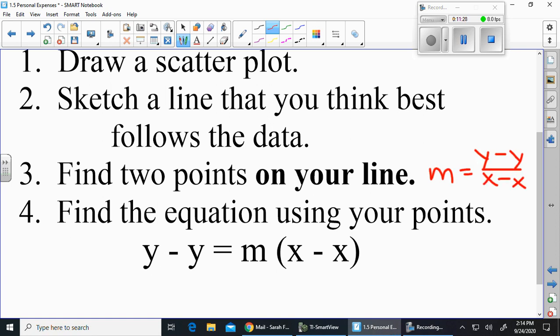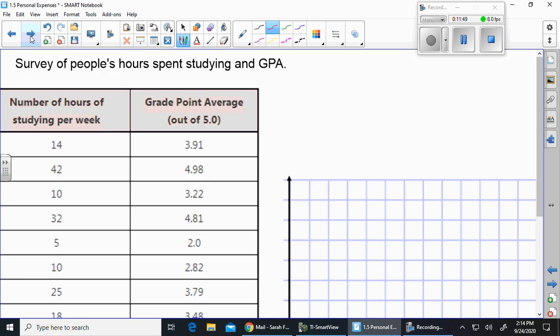We are then going to find the equation using our points, which is point slope. You'll plug in m, and you'll plug in with one of the points an x and a y. Then you can use predictions to go from there.